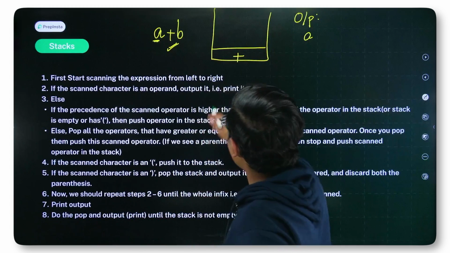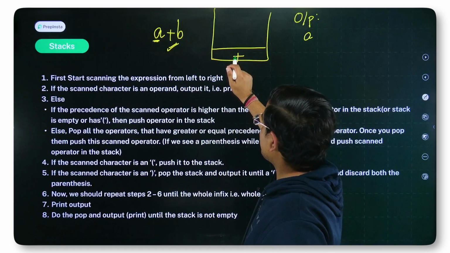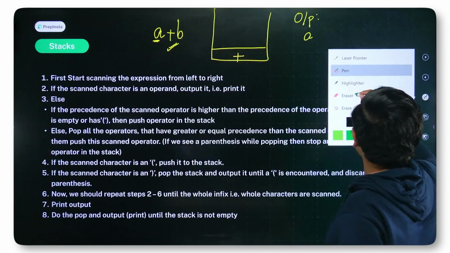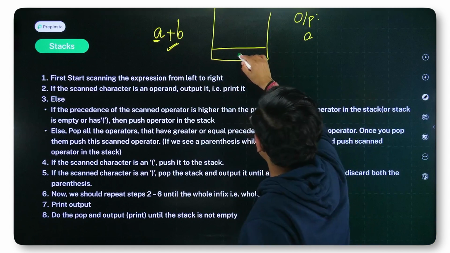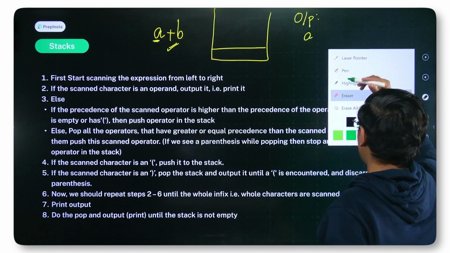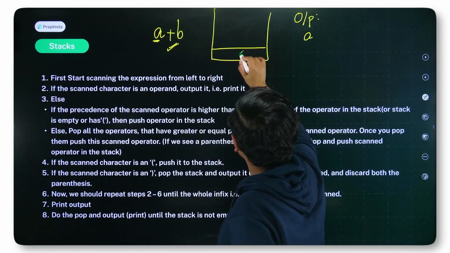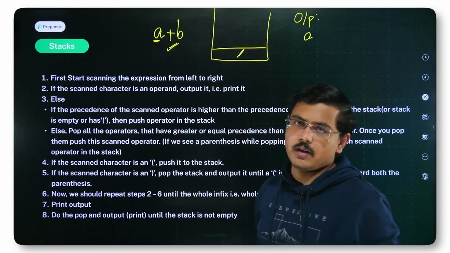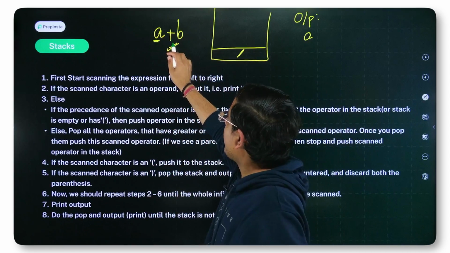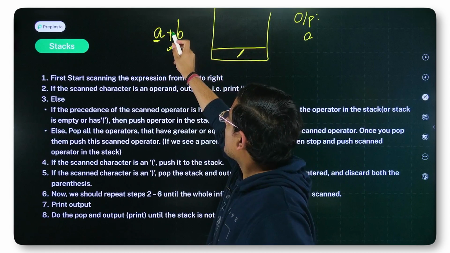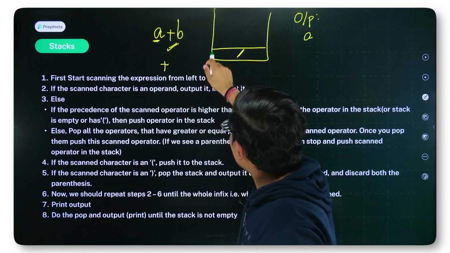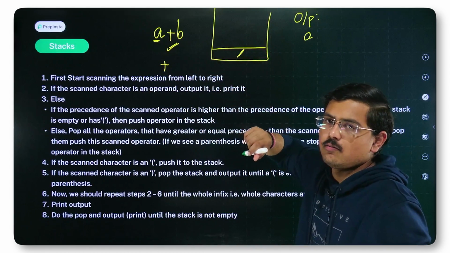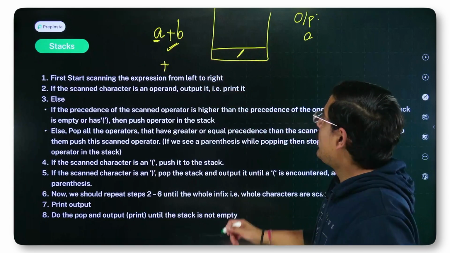If there had been an operator, say randomly, I'm saying this, ignore this for a while, we'll come to that later on. Say that you had a divide operator here, then in this case, if you had encountered a plus, you could not have pushed it. This cannot be pushed.